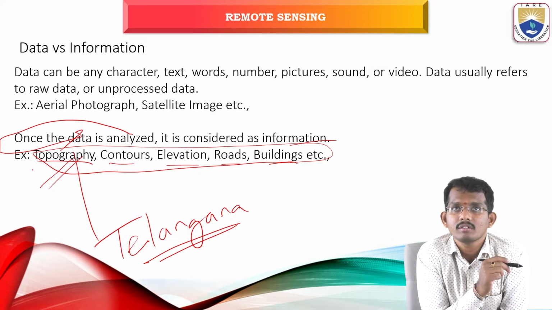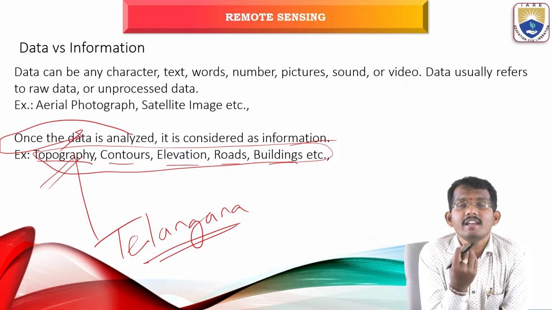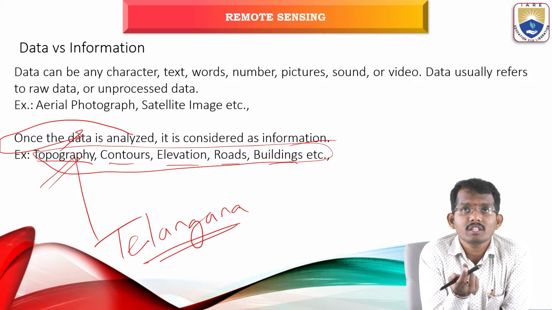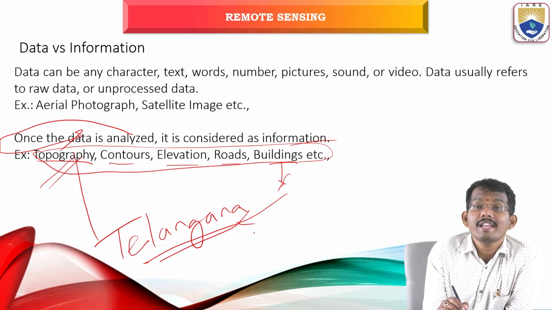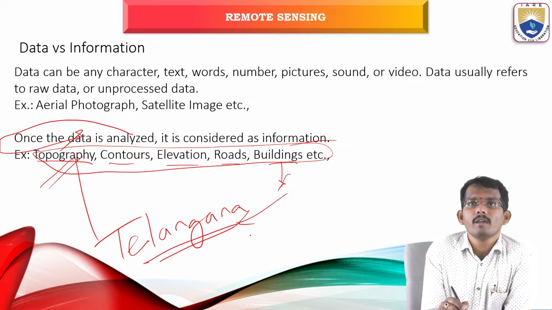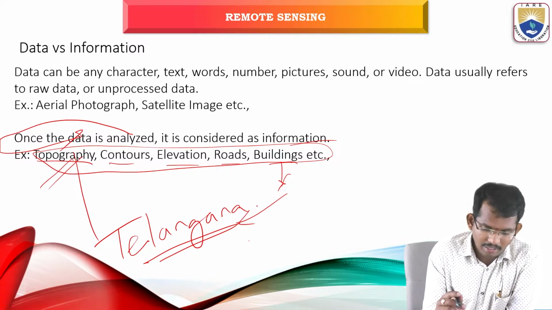That is called information. Information will be a clear view. It may be topography or contours or elevations or roads or buildings. If you want to see high-tech city buildings in Telangana, it is also information from the data.